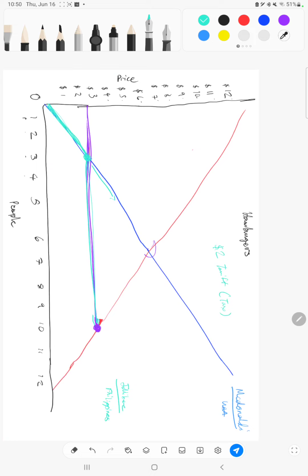But they're not going to make their hamburgers cheaper because of that. No, the price is not going to stay at $3. It's going to go up to this new line right here, because we tax them. It's going to be that expensive now, which is sad because people really liked cheaper hamburgers.